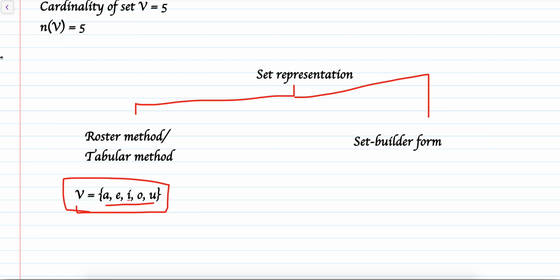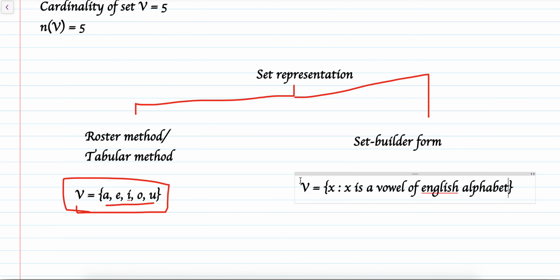In set builder form, we will convey the same information but in a slightly different way. We will write it as x such that x is a vowel of the English alphabet.